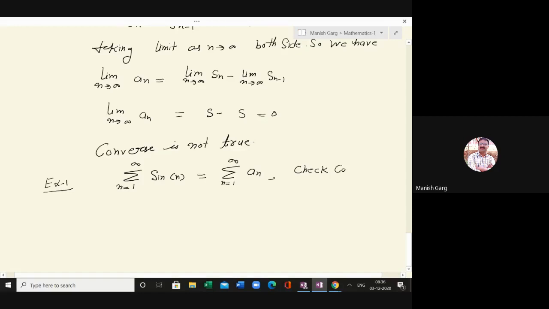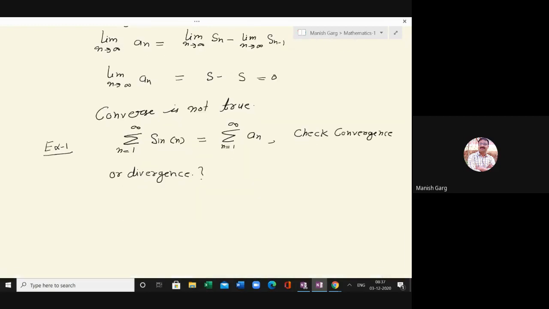Check convergence or divergence of this. If I am not writing convergence or divergence, the question is the same: check the convergence.